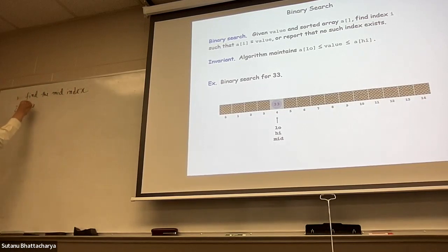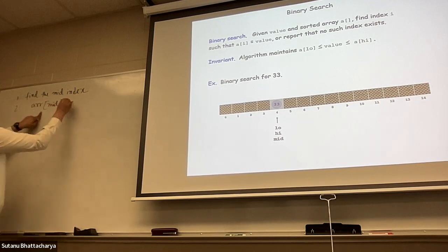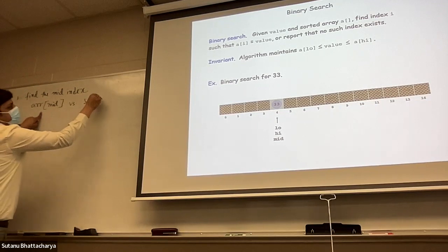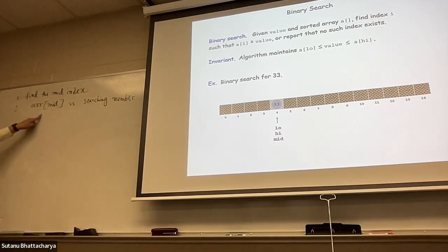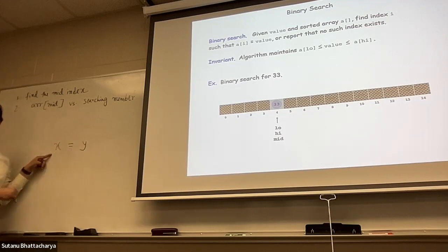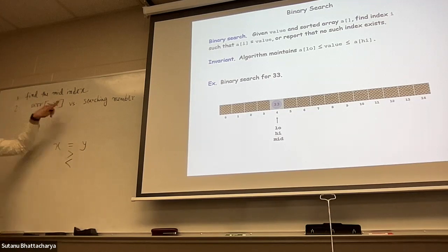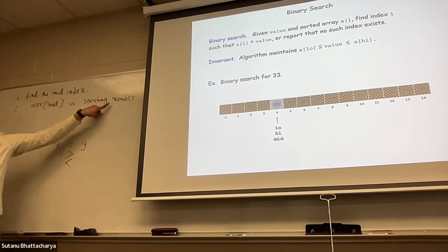Then suppose the mid element is array[mid]. This is the mid element of the array. Now you need to compare it with your searching number. When you compare between these two entities, how many cases will there be? If you compare X versus Y, what cases can there be? Either X equals Y, or X is greater than Y, or X is less than Y, right? These 3 cases can be there. Similarly, we are comparing the middle element of the array with the searching number. So there will be 3 cases.